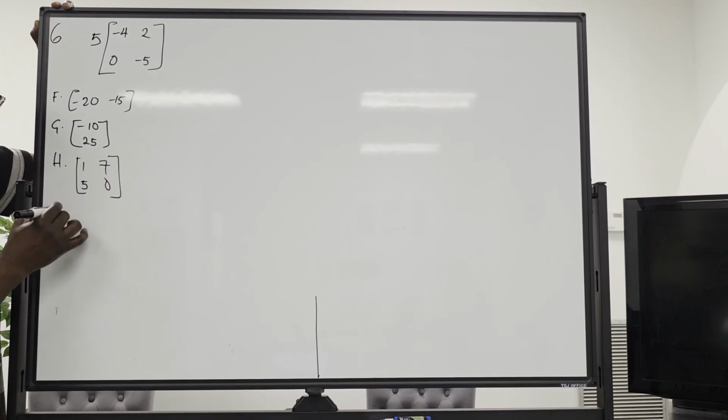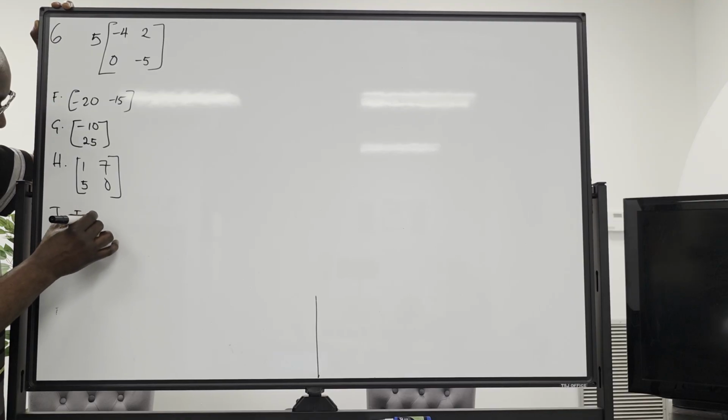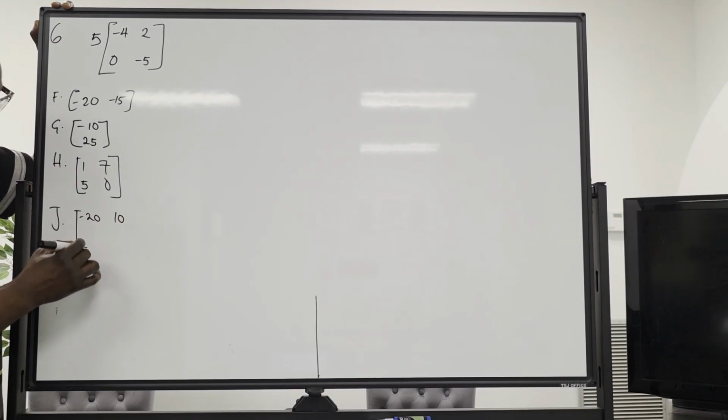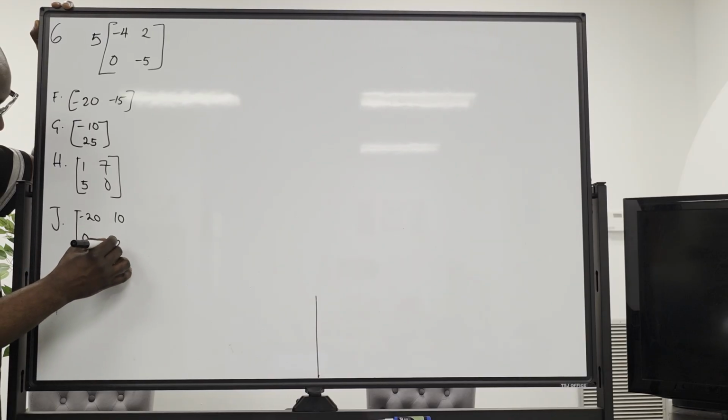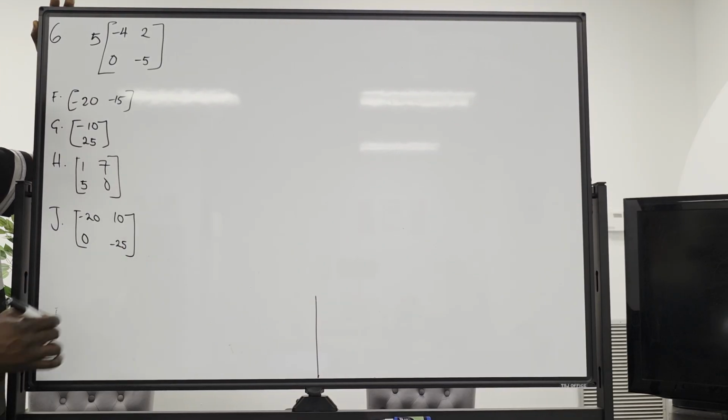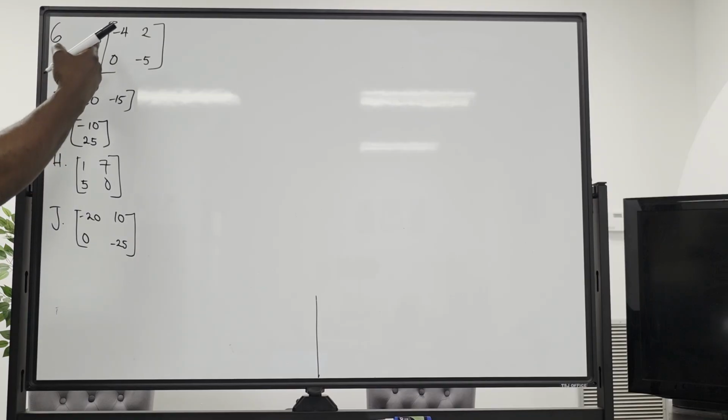And option J gives us minus 20, 10, 0, minus 25. When it comes to matrices, you have to multiply what is outside with each of the numbers on the inside.